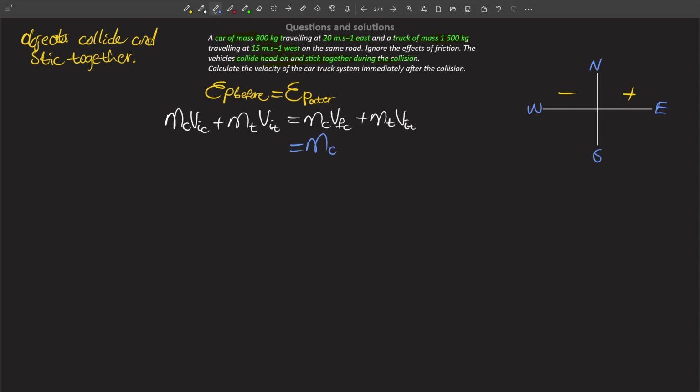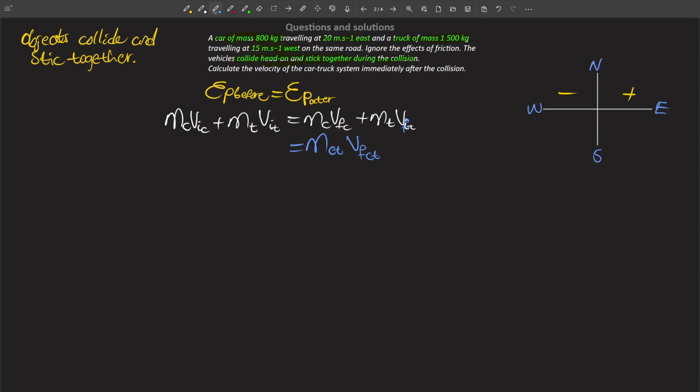I will call it mass CT, the mass of the car-truck system. Their velocities will also now be one final velocity.